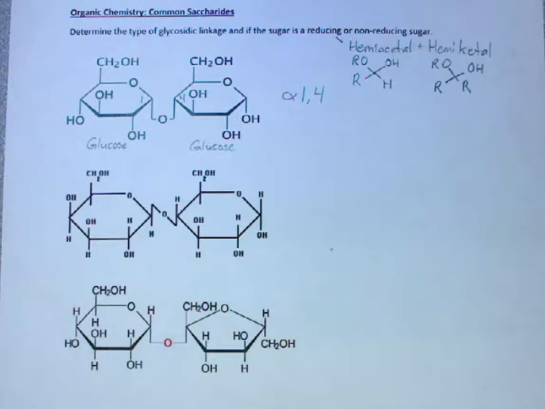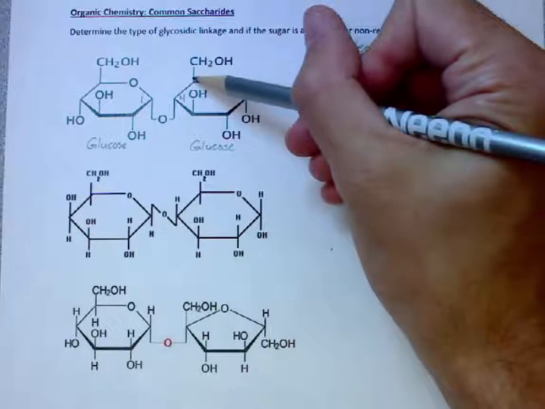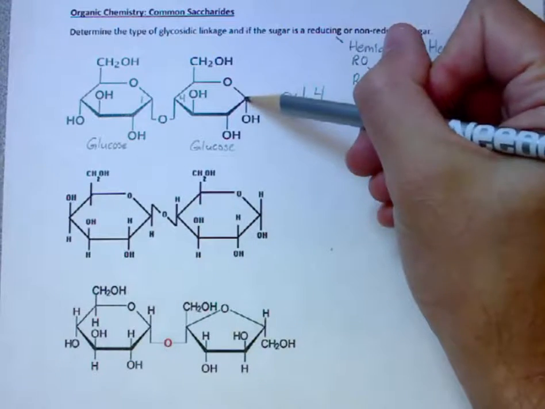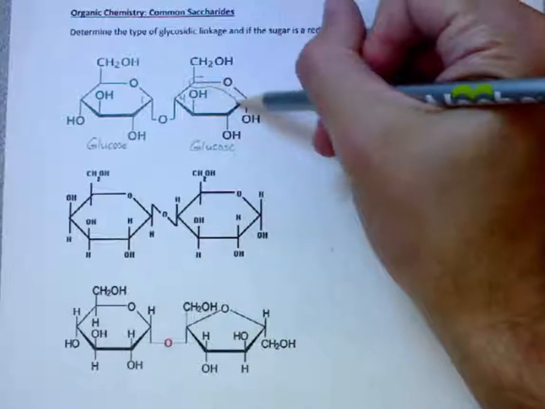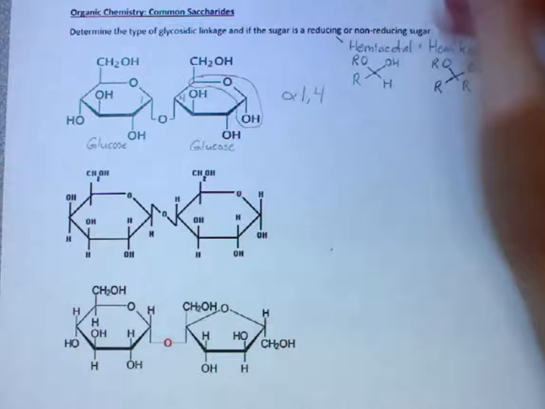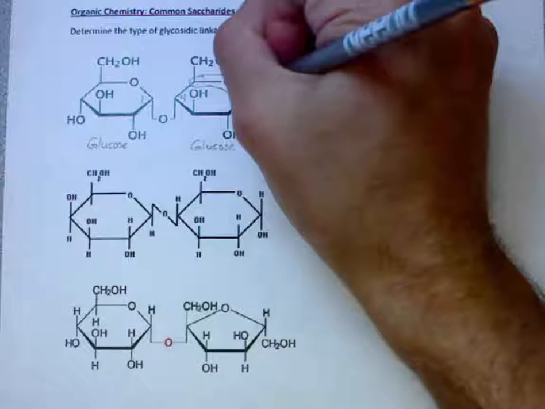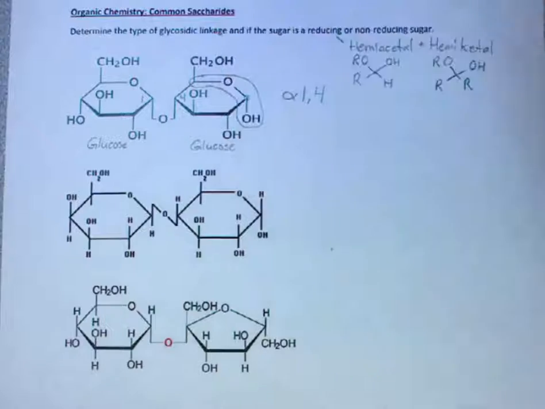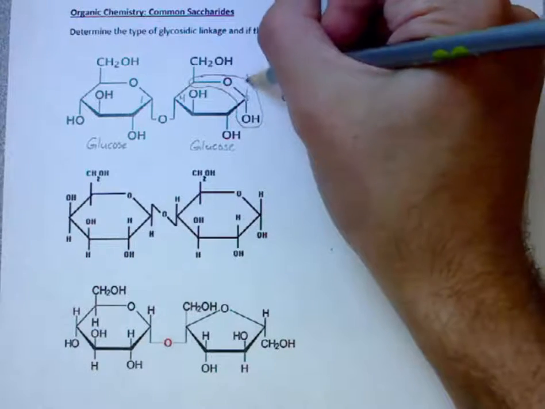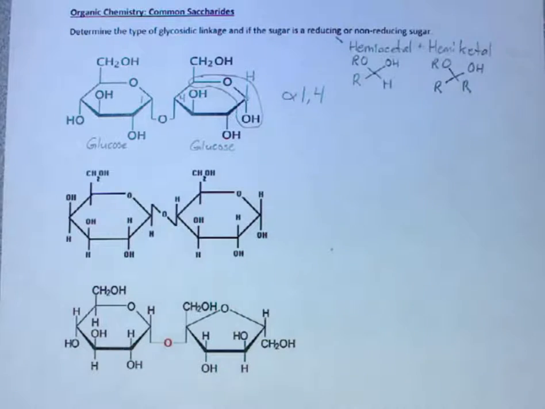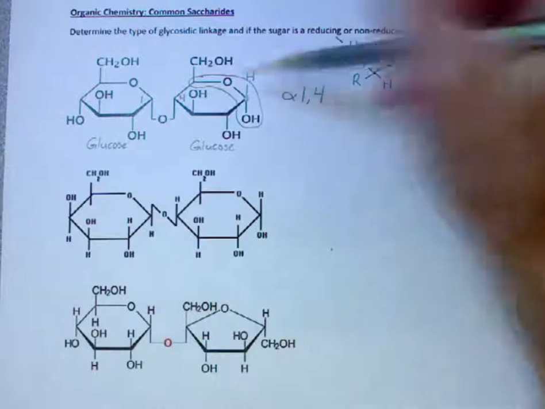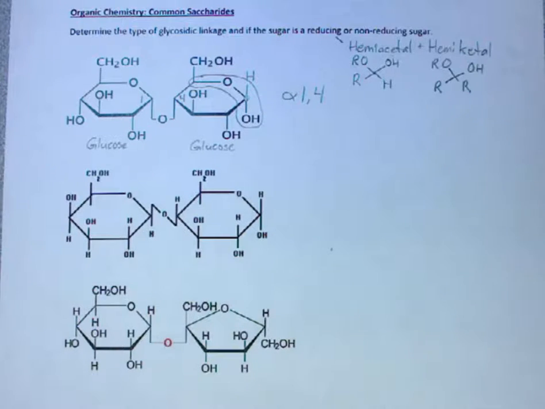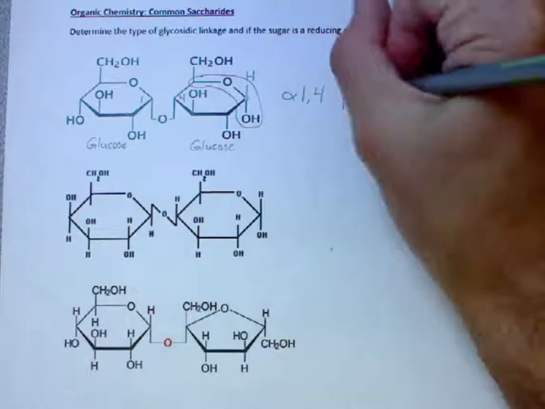So for this sugar here, we can see that we have carbon, oxygen, carbon, oxygen with a hydrogen. This means that this is a hemiacetal. You can see this carbon here does have a hydrogen. It has an R group, it has an OH group, and it has an OR group. So therefore, this will be a reducing sugar.